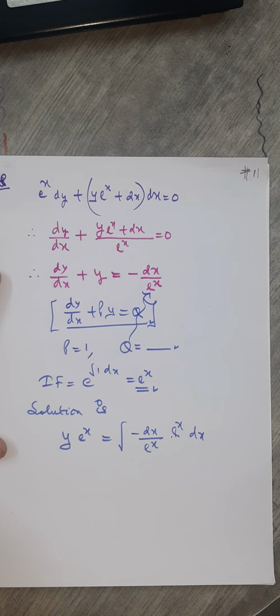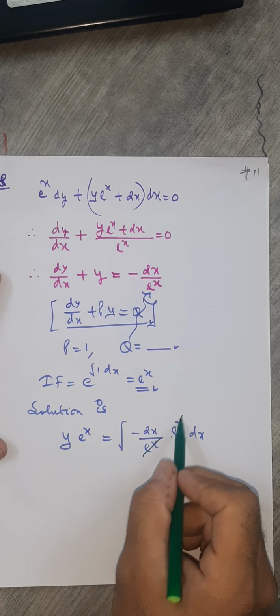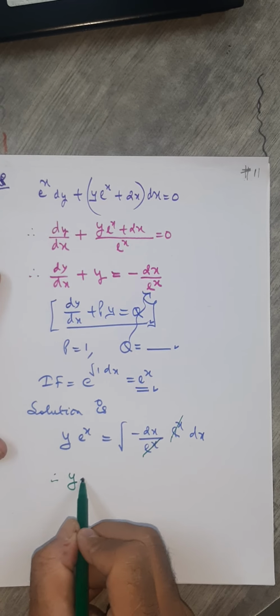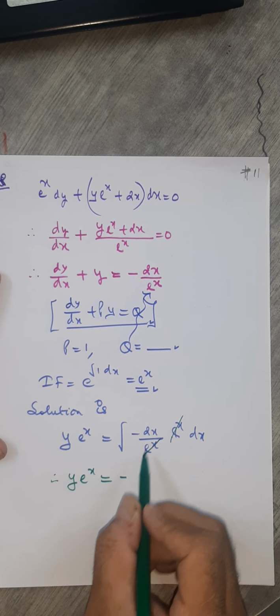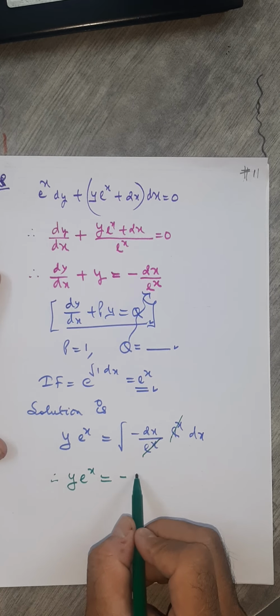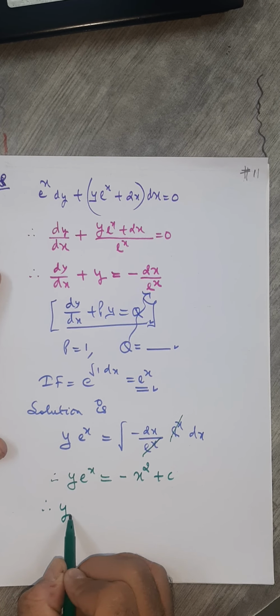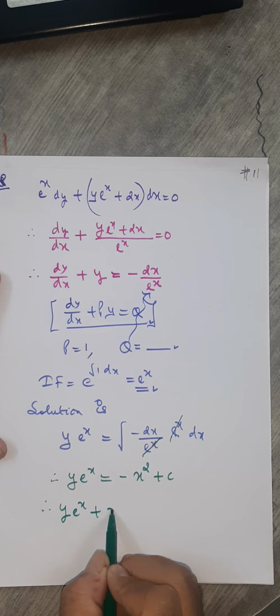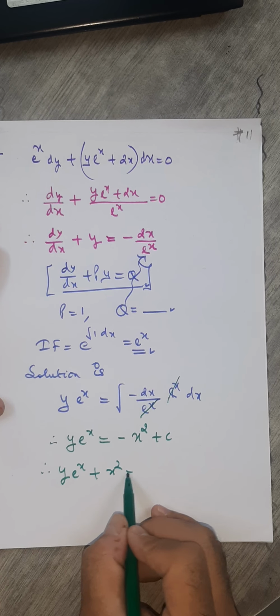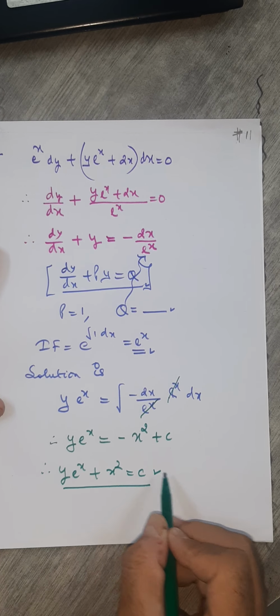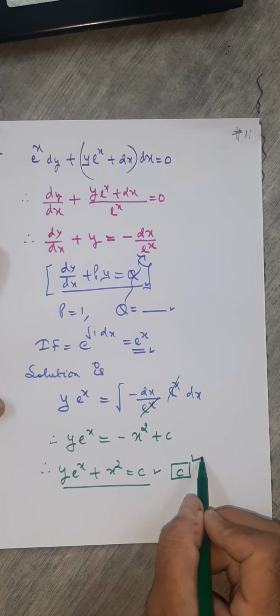So here e raised to x will get cancelled. Y into e raised to x equals minus 2, and you are just left with x squared only once you integrate it. So therefore y into e raised to x plus x squared equals c, which is the required solution. That is nothing but the option C.